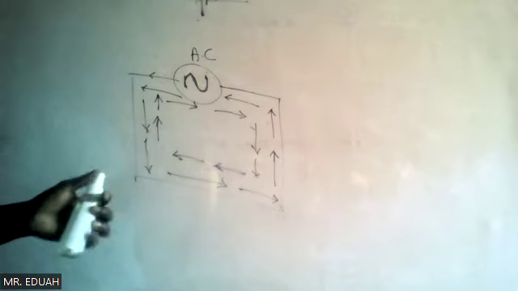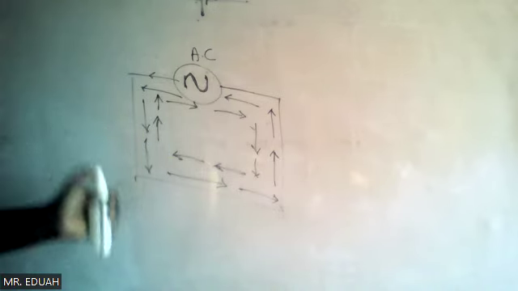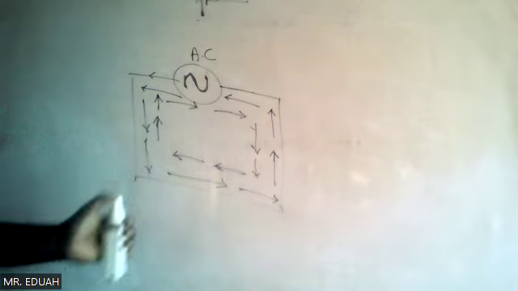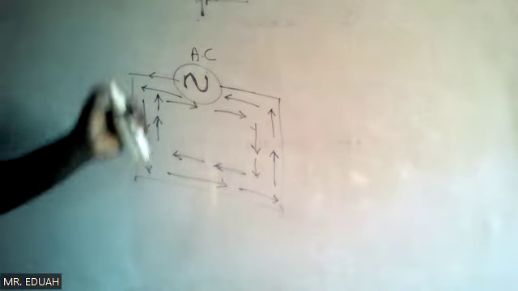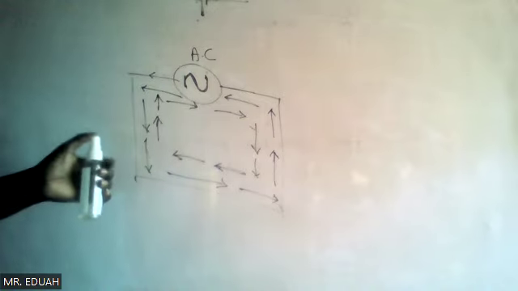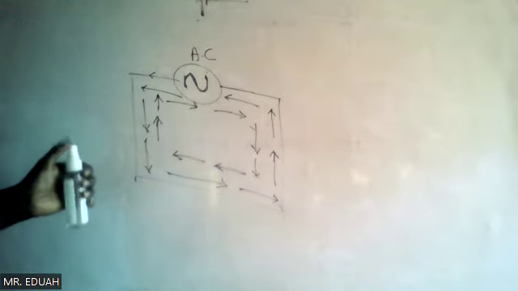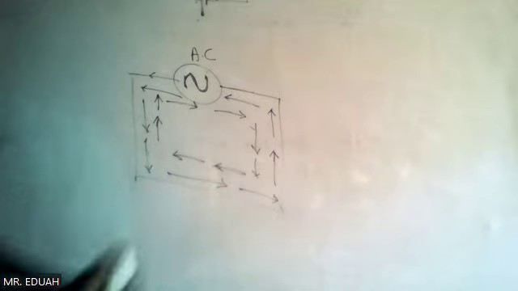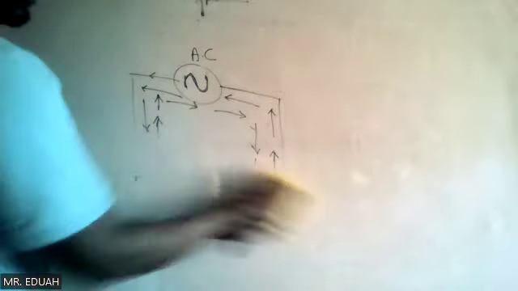And this refers to alternating current, AC, not DC. So the motion of current in a conductor is an example of simple harmonic motion. That example applies to alternating current, not direct current.